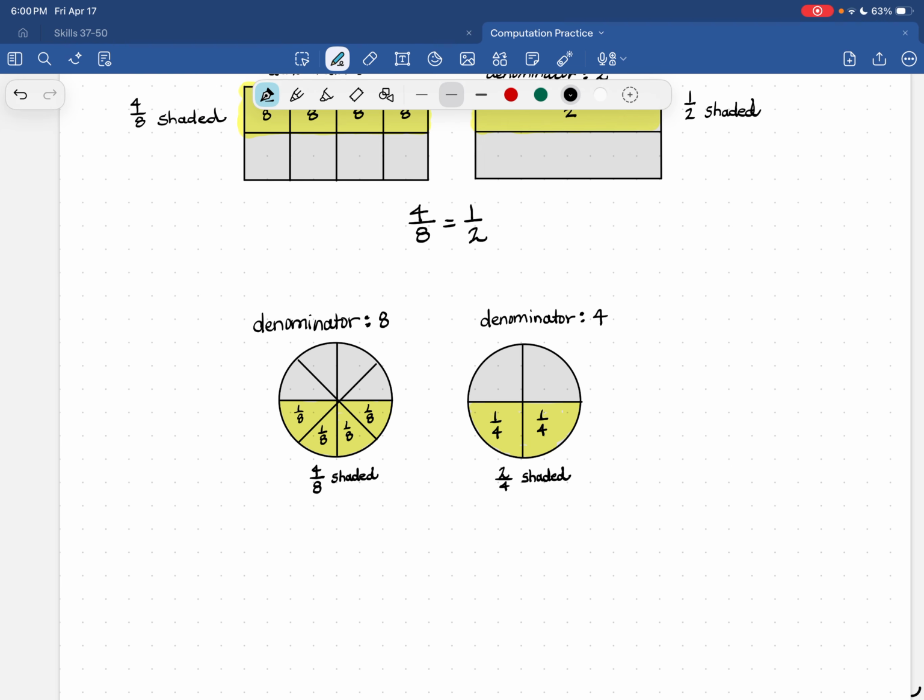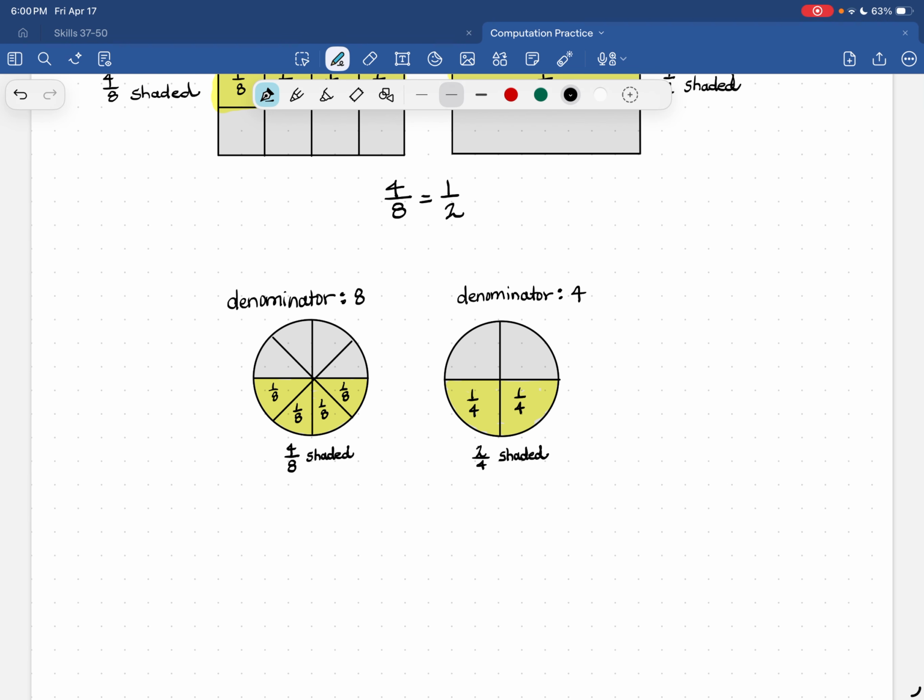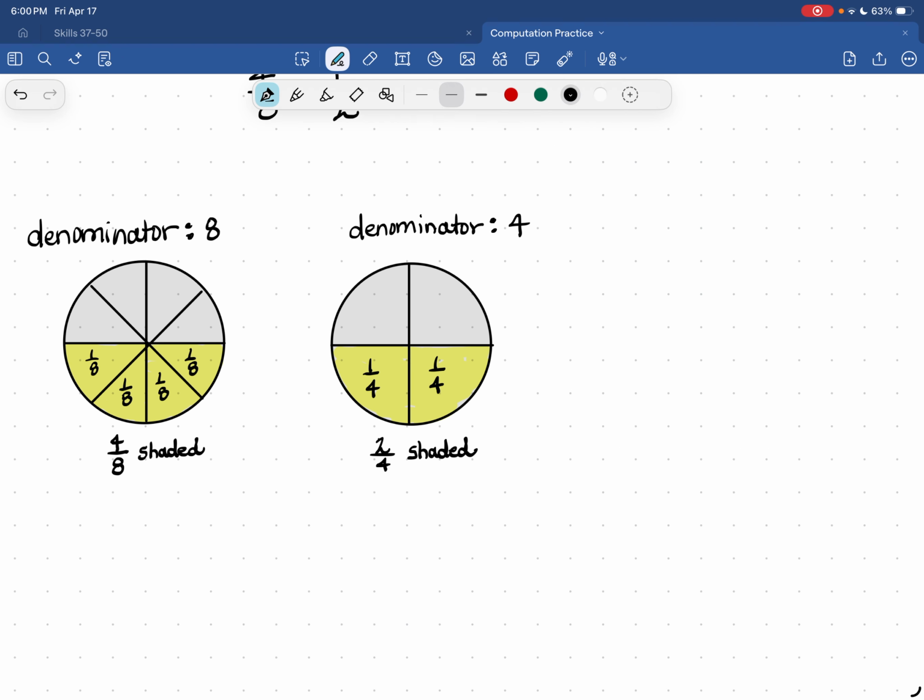Okay. So what if I come over here and I want you to do the same. Let's draw one more circle, the same size. And let's cut it this way. One cut. So the denominator would be what? How many parts? 2.